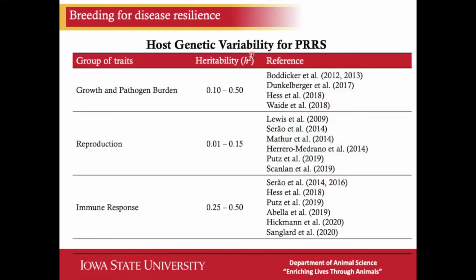Over the years, Craig Lewis in 2009 was the first to provide heritability estimates for PRRS response, and since then there have been lots of publications, especially in the previous 5 to 7 years, and most of this work is done at Iowa Swine. Some people have looked at growth and pathogen burden, with a very different range of heritability depending on the trait. Reproduction, as I said, is usually lowly heritable, and so is immune response. I'll try to go over some of these studies today.